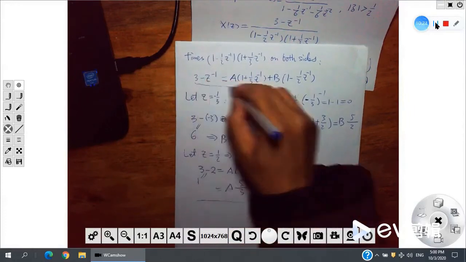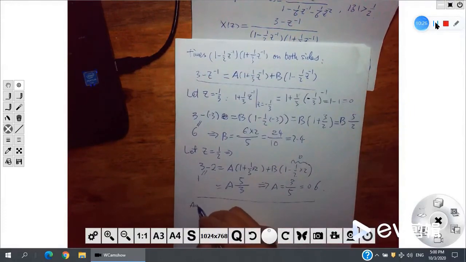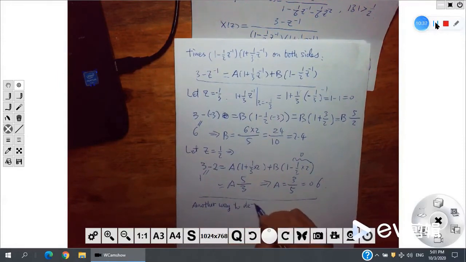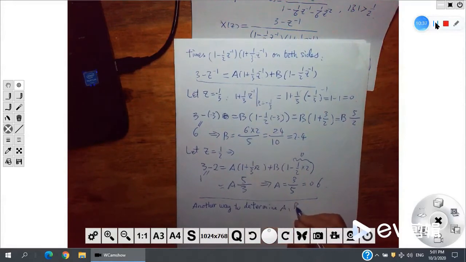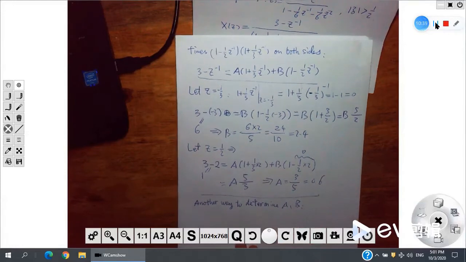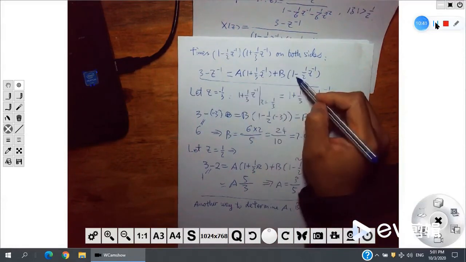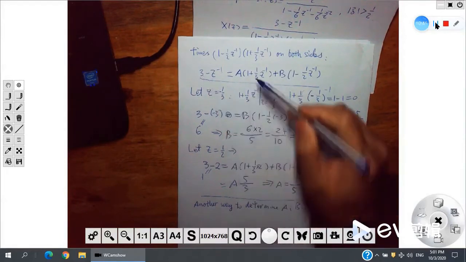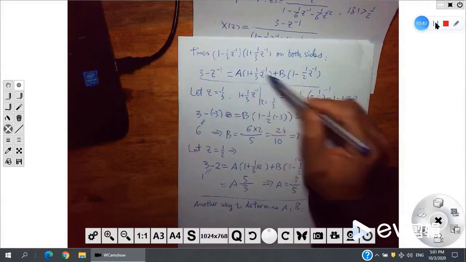And another way to determine a and b: we check the coefficients on both sides. Here you have constant 3, and this side you also have constants a and b.